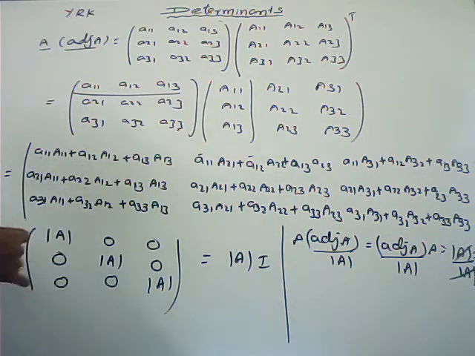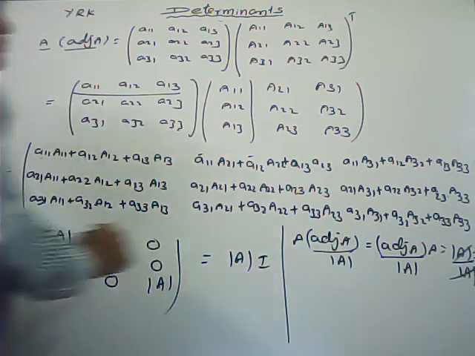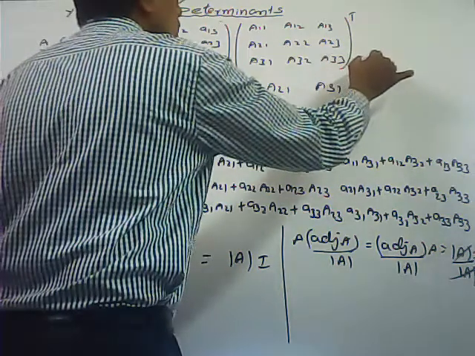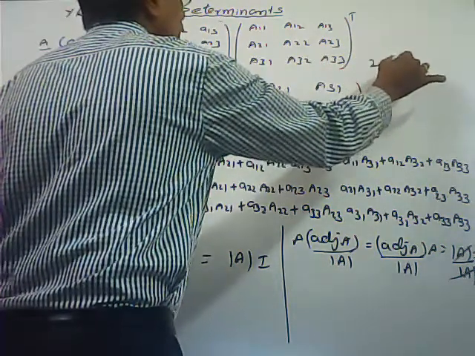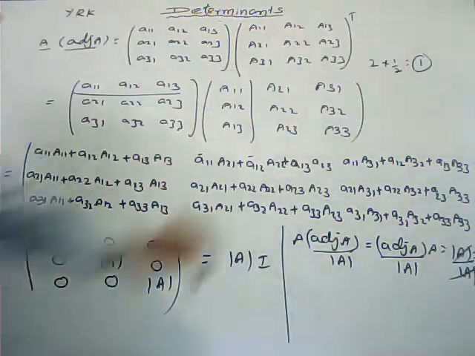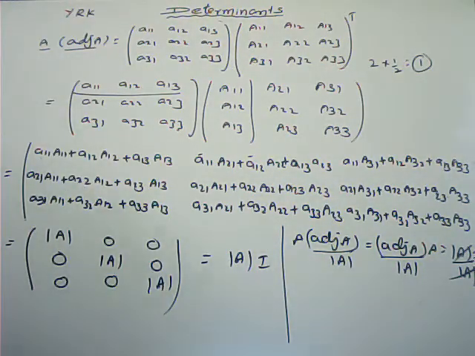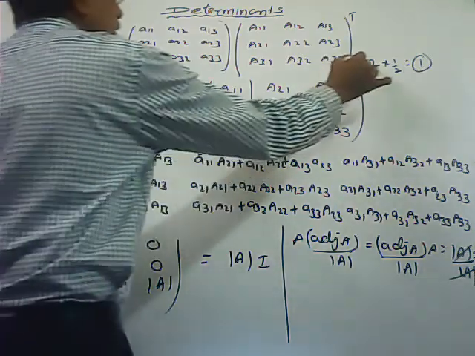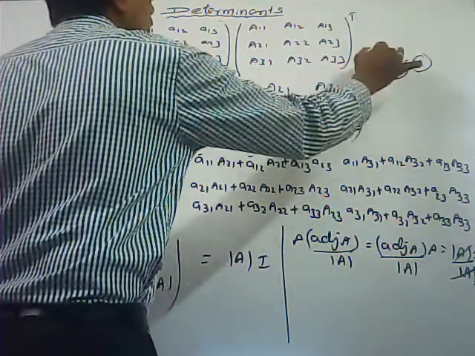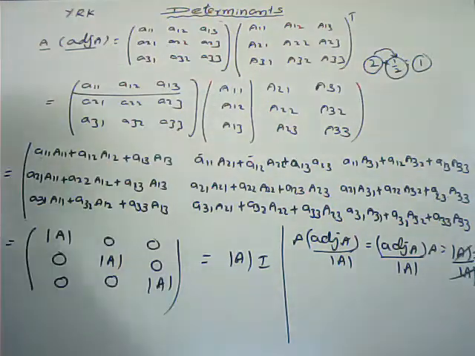Now, in the set of real numbers also, 2 into 1 by 2, how much are we getting? Multiplicative identity. If the product of two real numbers gives the multiplicative identity, each one is the multiplicative inverse of the other.